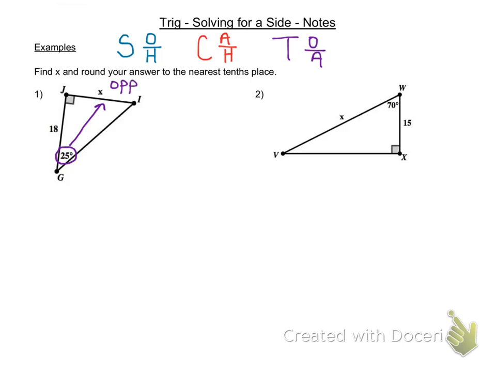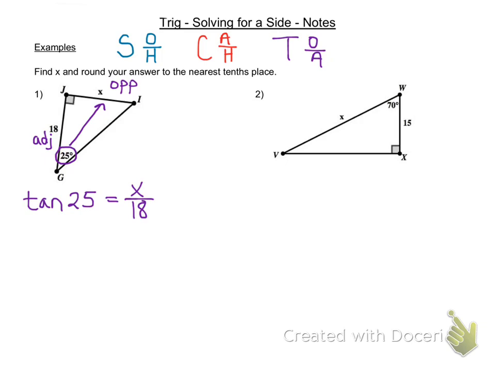And then the 18 is our adjacent. So opposite and adjacent uses tangent. So I'm going to write tangent of our angle, which is 25 degrees, equals our opposite side, which is x, over 18.